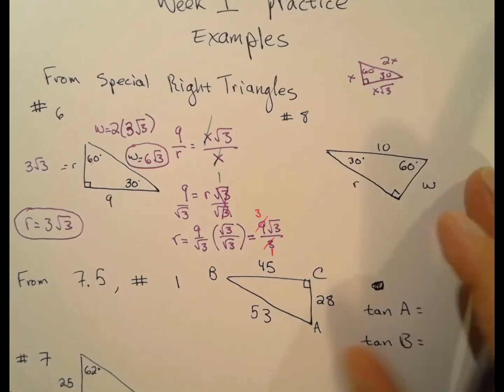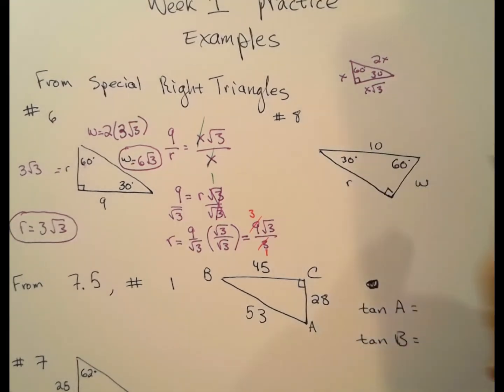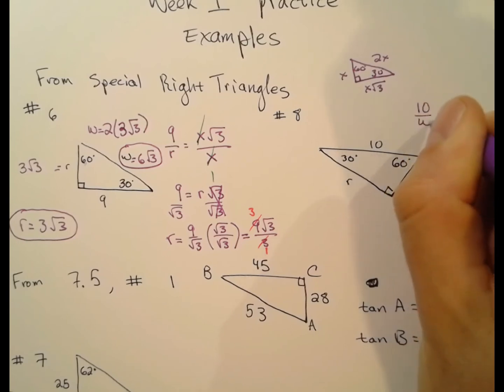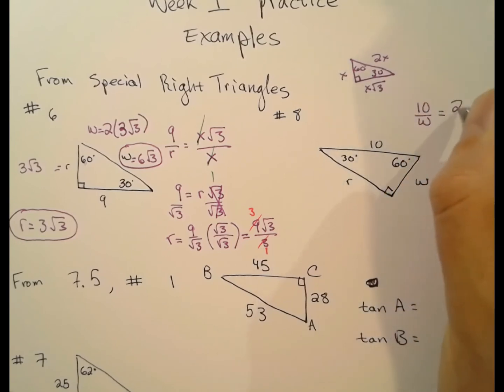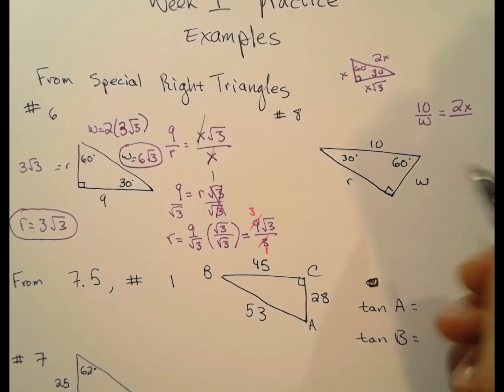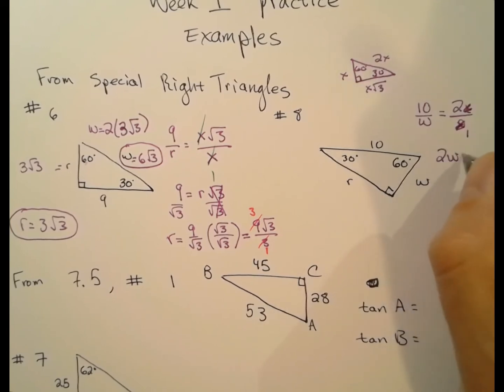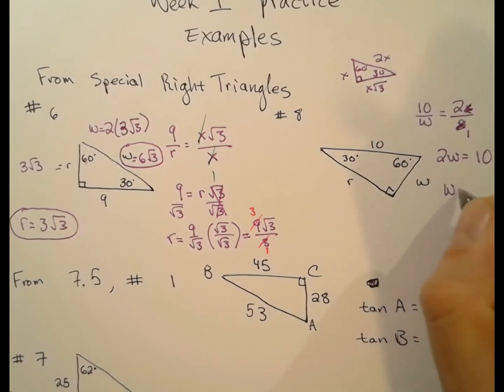For number 8, this one's actually even easier. W and 10. 10 is the hypotenuse, corresponds to 2x. W is the side between 60 and 90, corresponds to x. The x's factor out. Take the cross product. 2 times W equals 10 times 1, divide by 2.